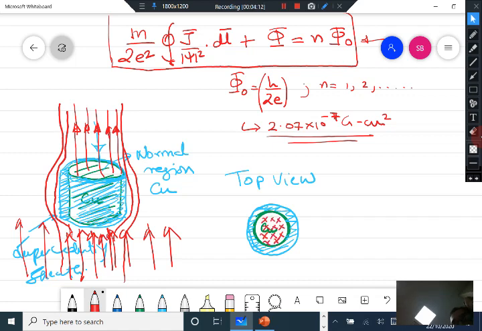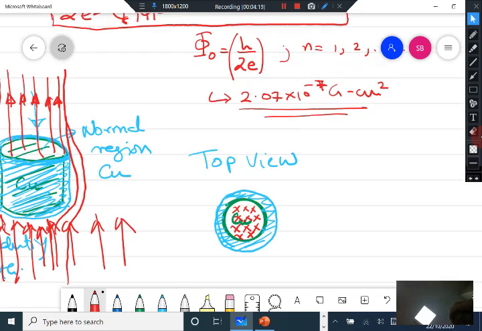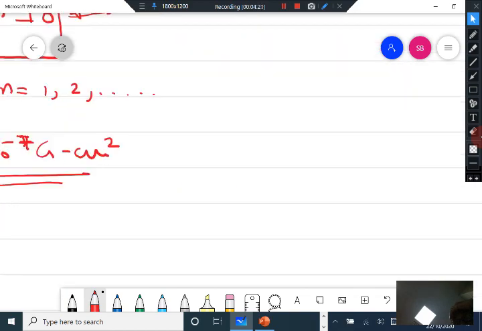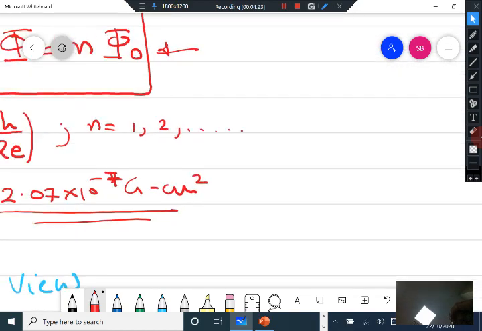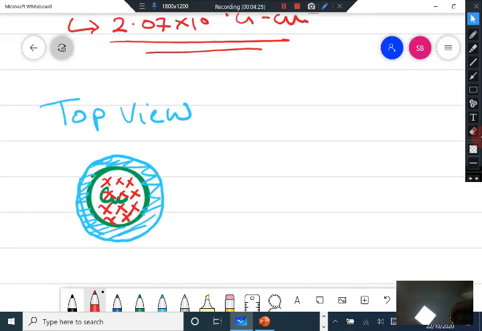And what will happen on the surface? So there will be magnetic flux which is present, so non-zero B inside the copper region, and what will be present in the superconducting region?